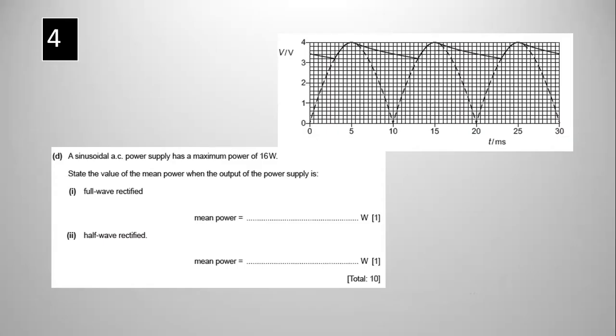A sinusoidal alternating power supply has a maximum of 16 watt. State the value of the mean power when the output of the power supply is full wave rectified. Okay, for full wave rectified it is half P naught.